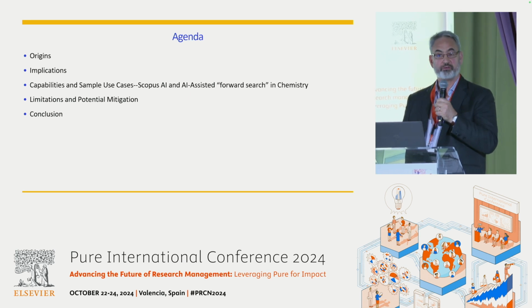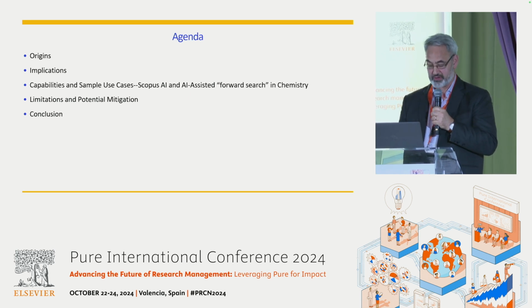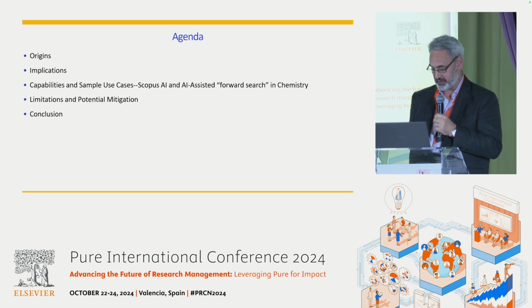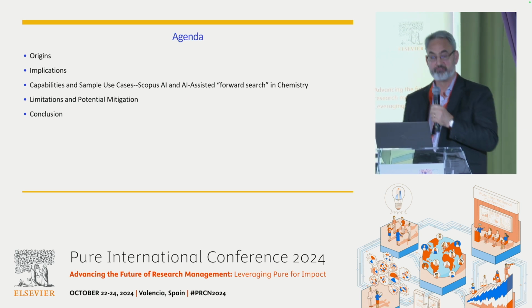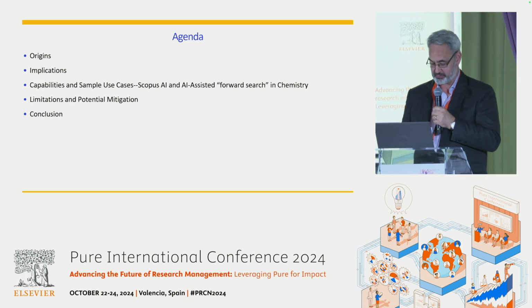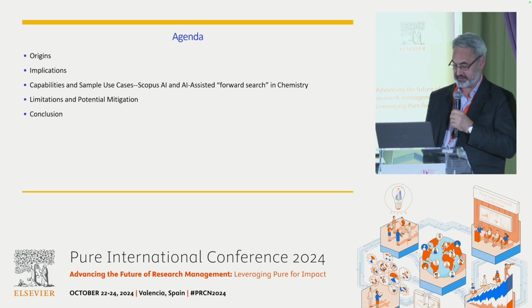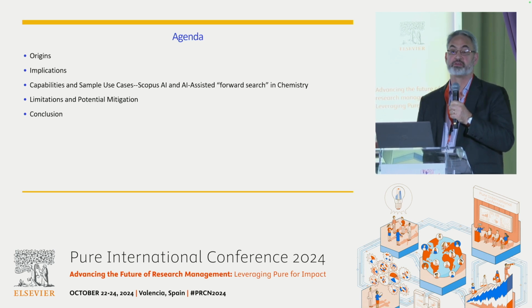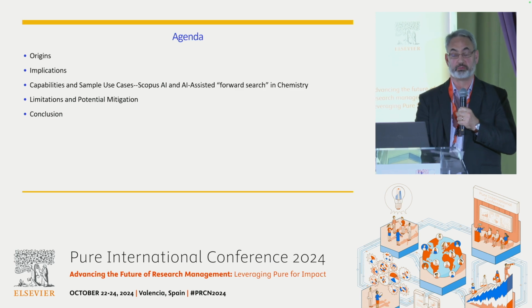I'll try to use Elsevier products as examples, but of course other companies and providers are also developing similar tools. And finally, I'll touch on some of the limitations and potential dangers of the existing technology and some means to mitigate or minimize those limitations. And if I have time, I'll summarize a brief conclusion and we'll do a little bit of Q&A.